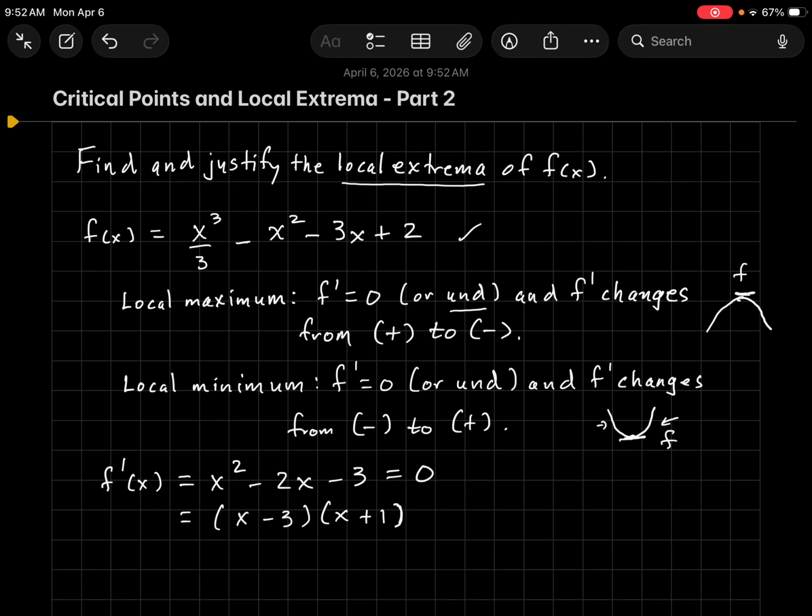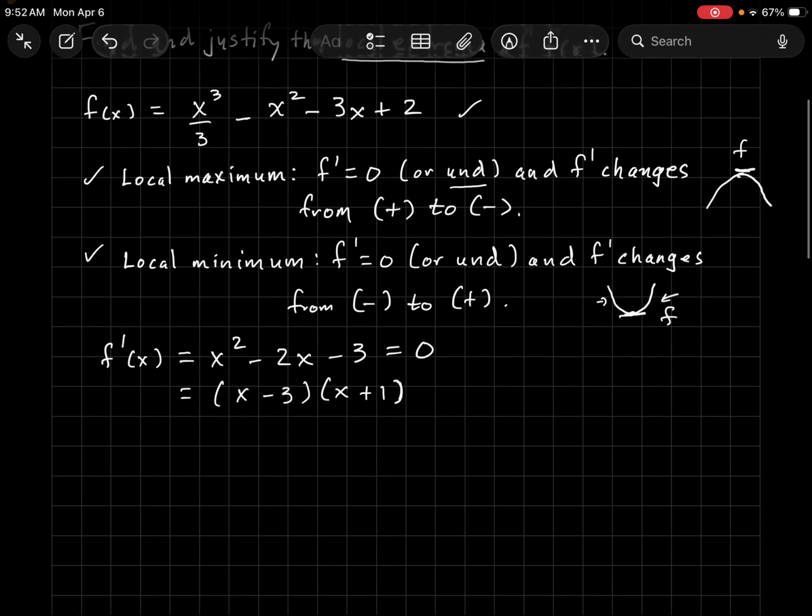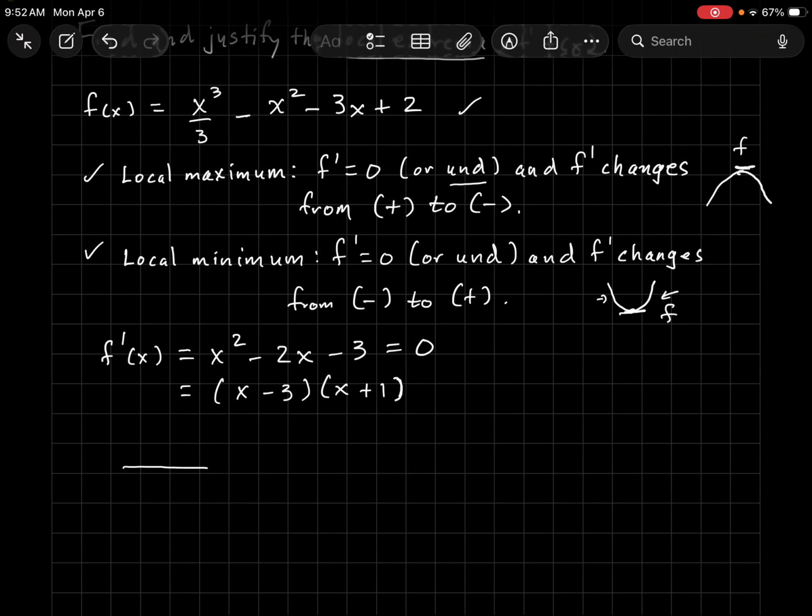And local extrema says we need to do the following, our first derivative test. We found where f prime is 0. Now we need to see how f prime changes. I will build a sign chart off my number line, putting my critical points, x equals -1 and x equals 3, in order. Then we will plug values on each interval.